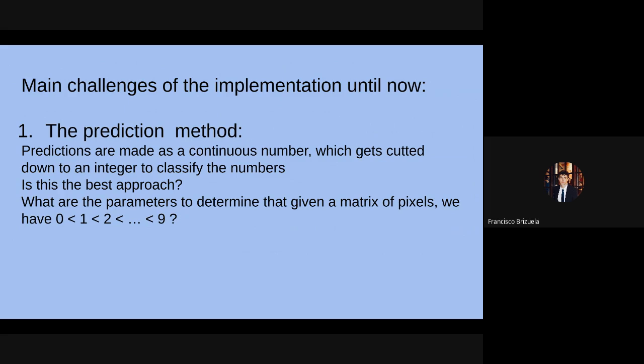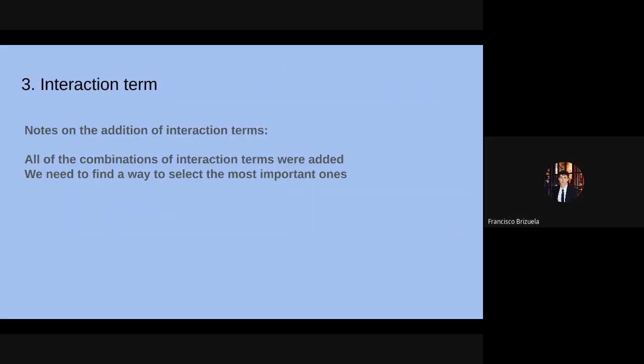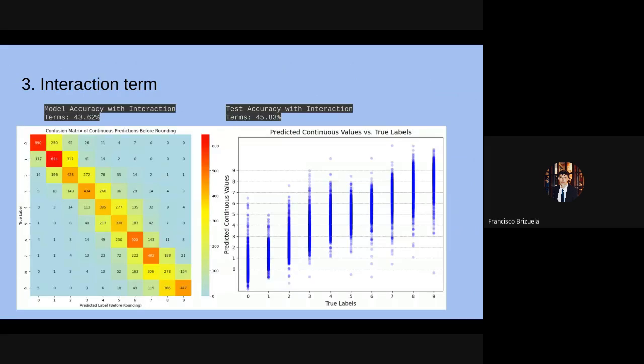We are assuming some kind of order in the numbers, so we can know exactly where the 1, the 2 and the 3 are. That is why our confusion matrix looks like this. We are not able to separate the classes very well; we are kind of there, but it's not a very good model.